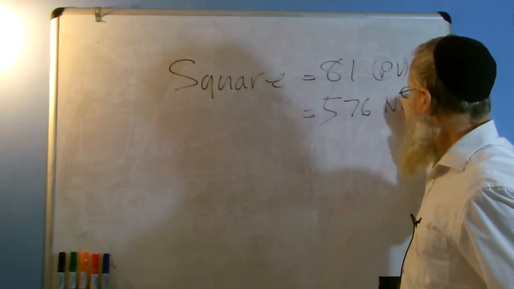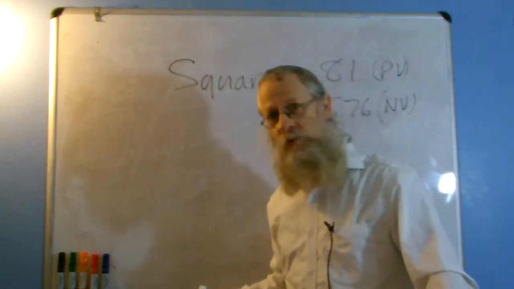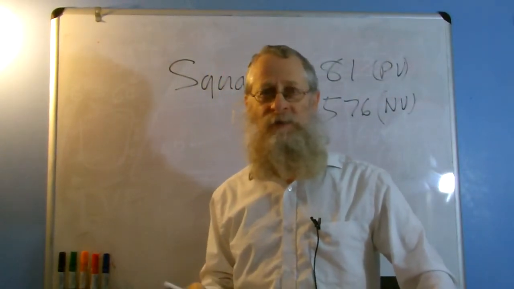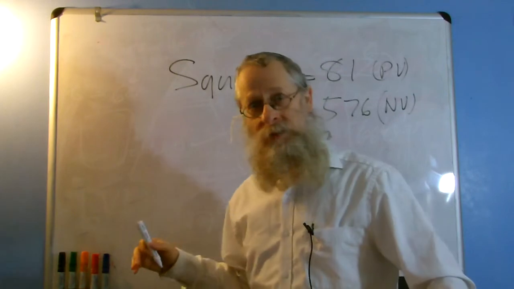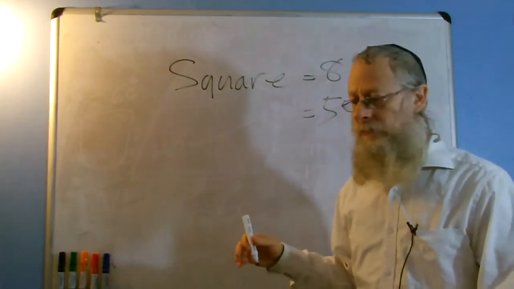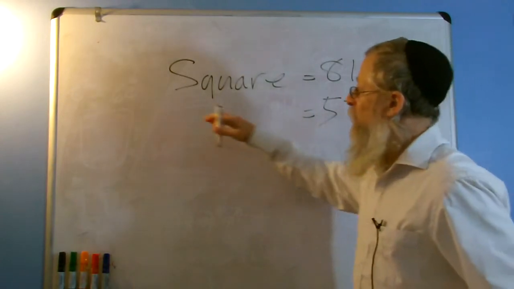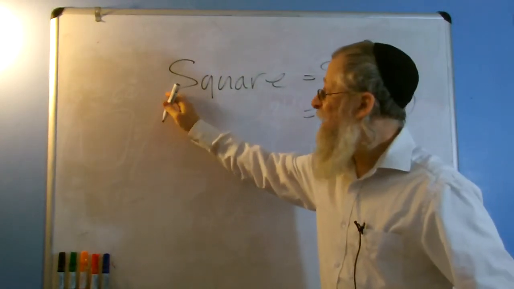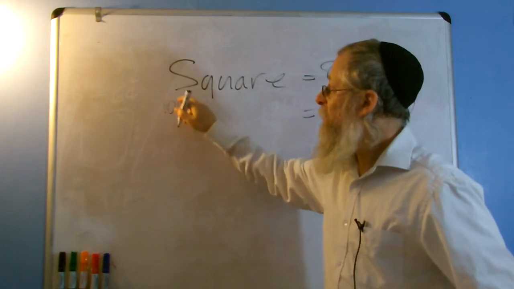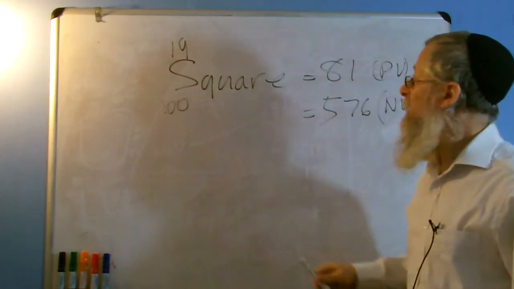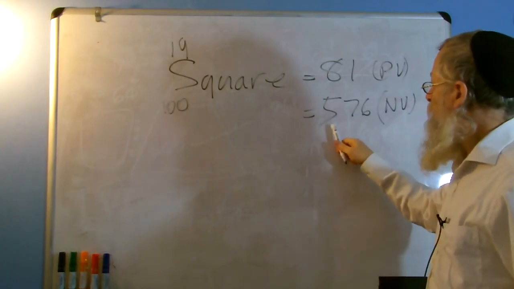Those who just come into this lecture should really watch the first 7 or 8 lectures that I've given, because they go through all these systems and how they're interrelated, and where I got them from. So in the normal value, the decimal value where S is 100, and in the placement value, S is 19, the 19th letter. We add them all together and get 81 and 576.